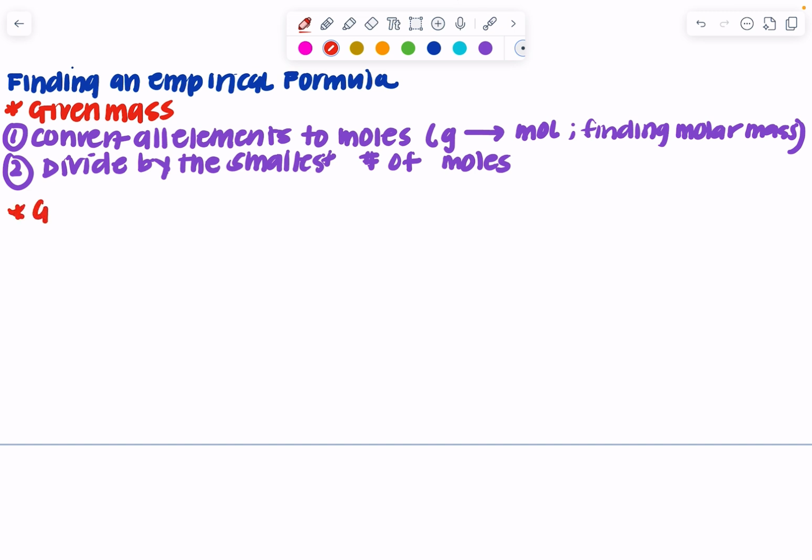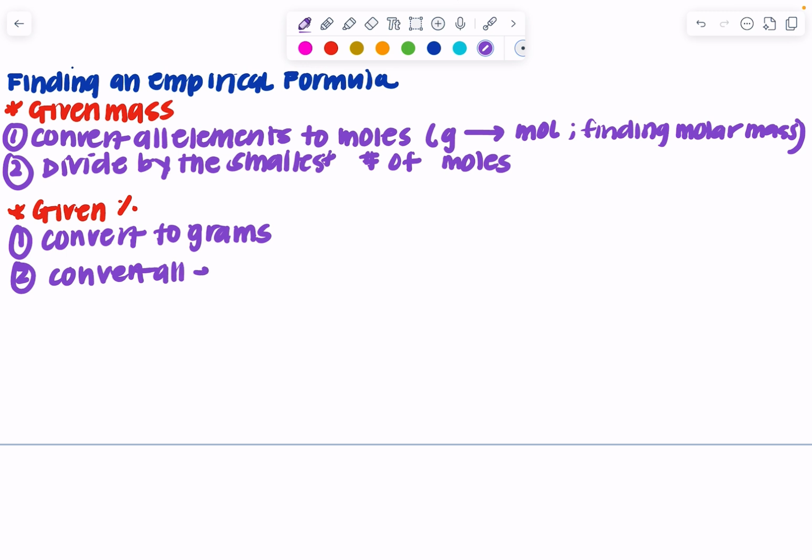If we're given percent, it's almost the same thing, except the first step is we need to convert to grams. Then we convert all elements to moles, grams to moles.